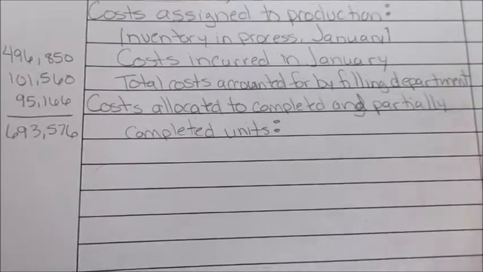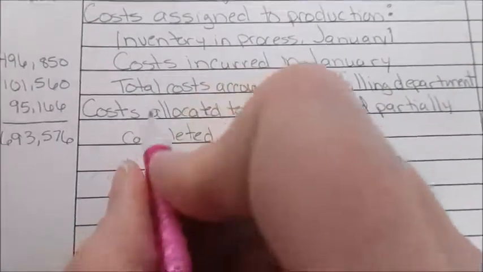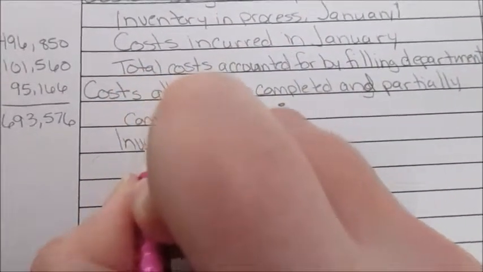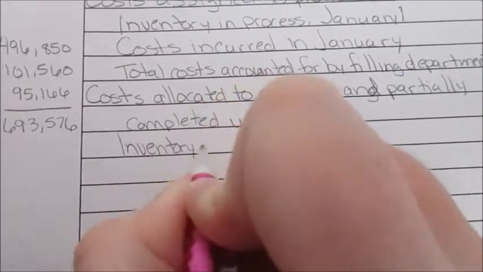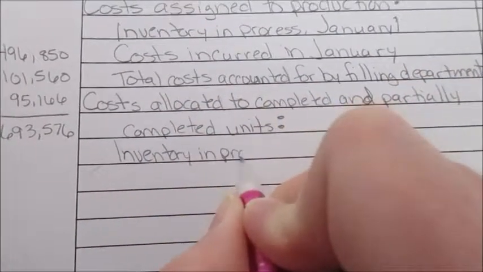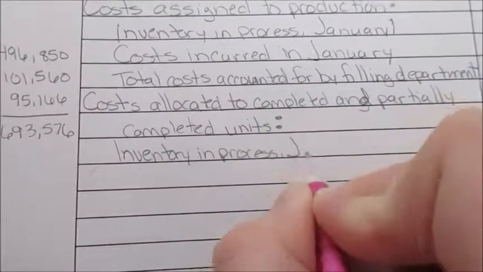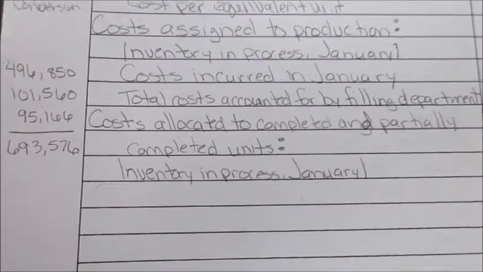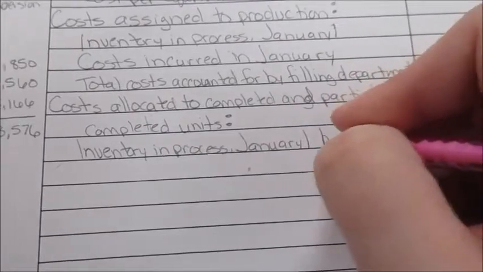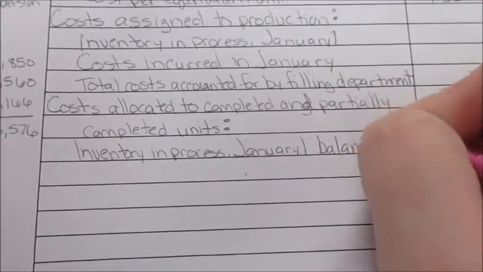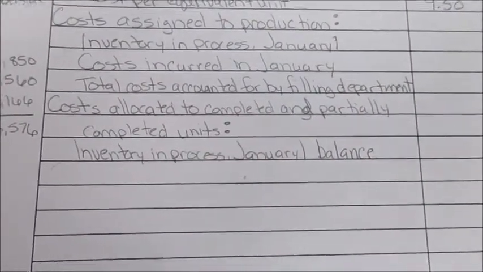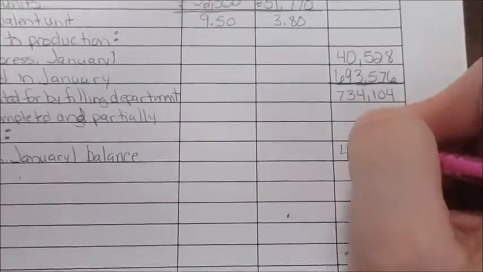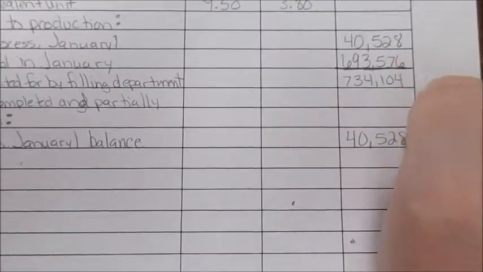Now this time we're going to break it down by equivalent units. So we're going to start with our inventory in process on January 1. I'm going to stick the word balance here because the balance of that, our book tells us, was that $40,528.